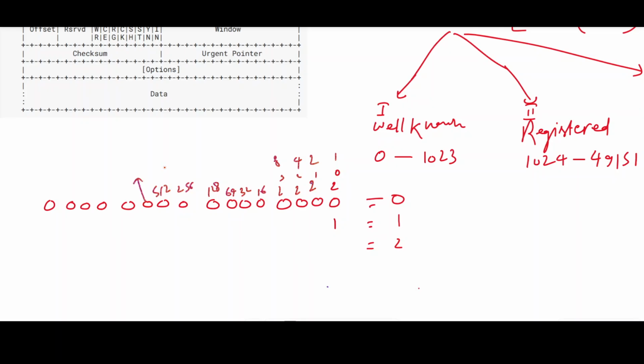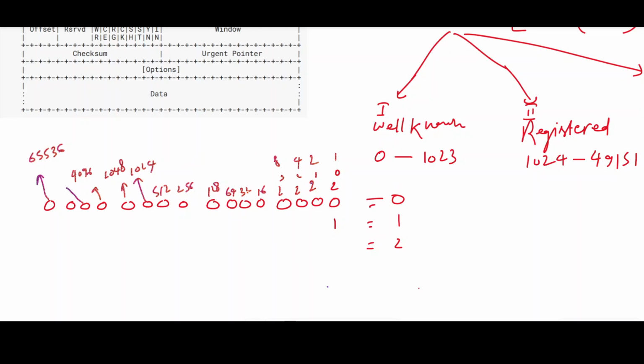So this will be 1024, then 2048, then 4096, and so on, up to 65536.